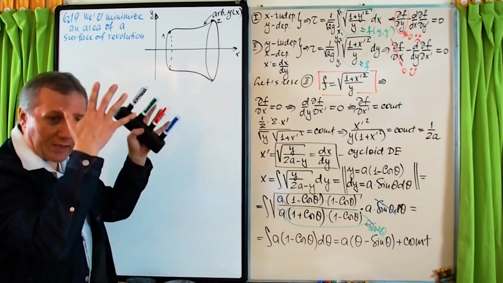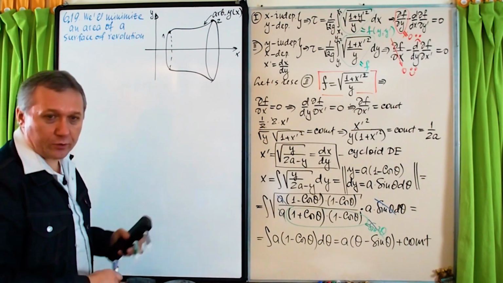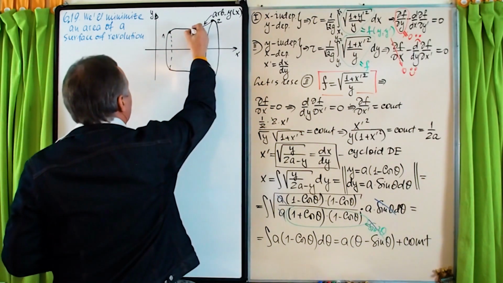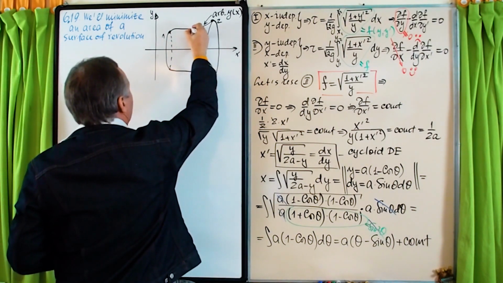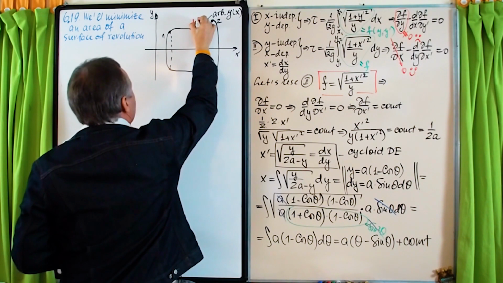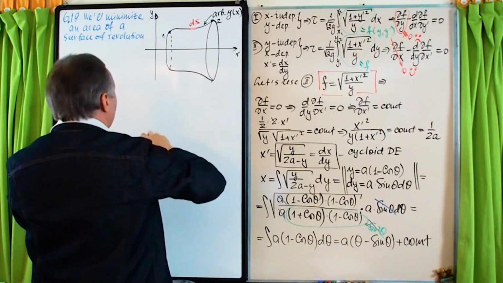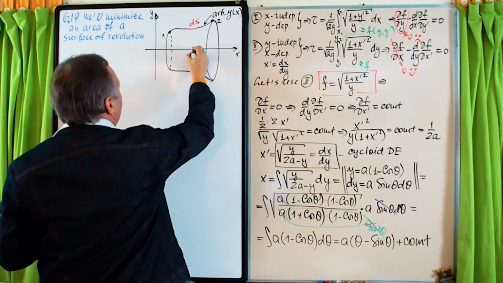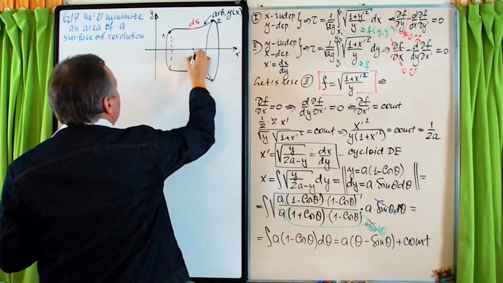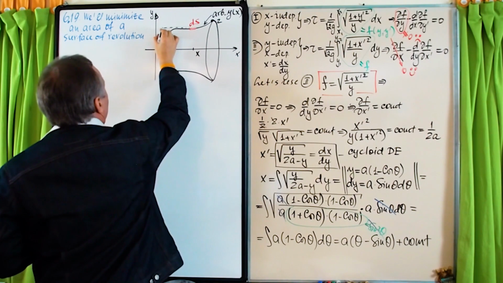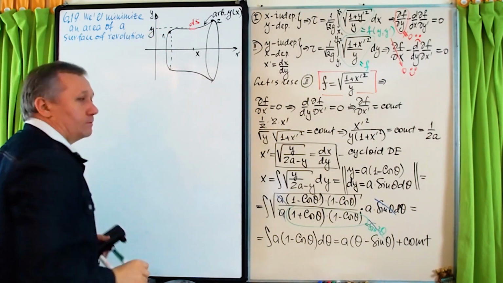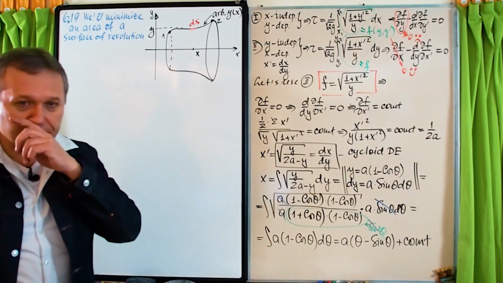So what we need to do is slice this surface into small rings. All right, so let me take here, for example, small ds, right? Here we have some point x, this point y, just a completely arbitrary ds.